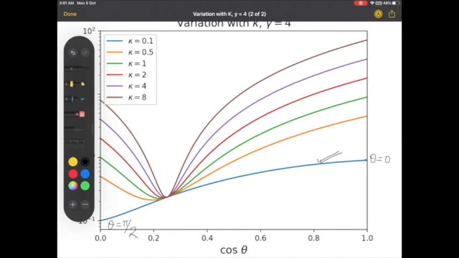So you see that here it is maximum. So if kappa is very less, then the system will essentially roll down. It's not in a stable equilibrium.